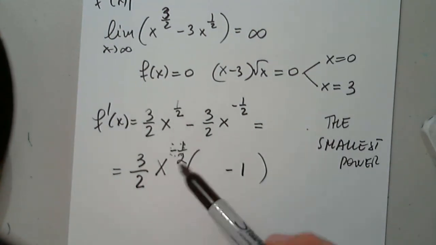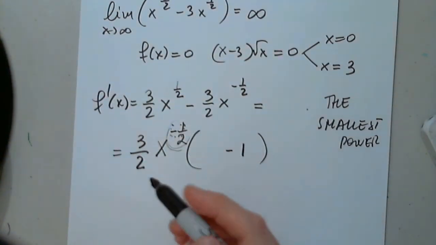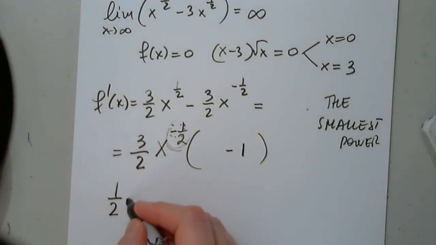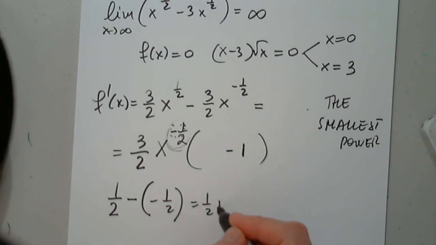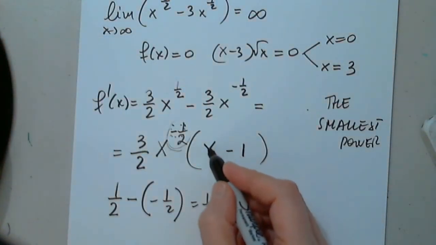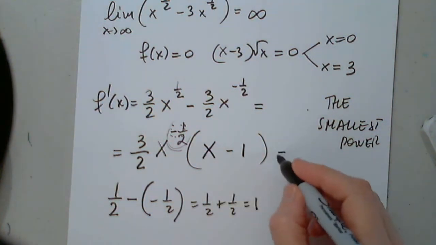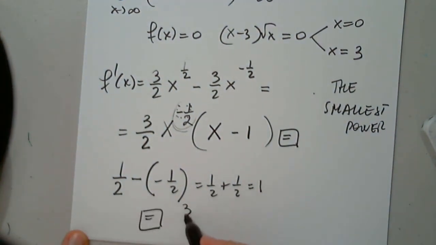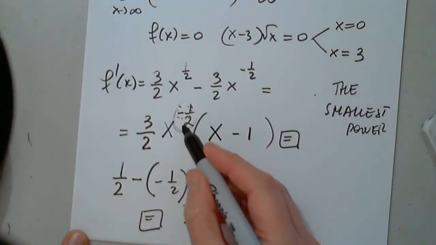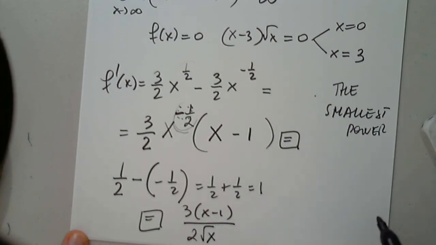But now from power 1/2, I subtract power negative 1/2, which means 1/2 plus 1/2, which is 1. I have to change this into 3x minus 1, and I have to bring this to the denominator. It has negative power, 2 the square root of x.